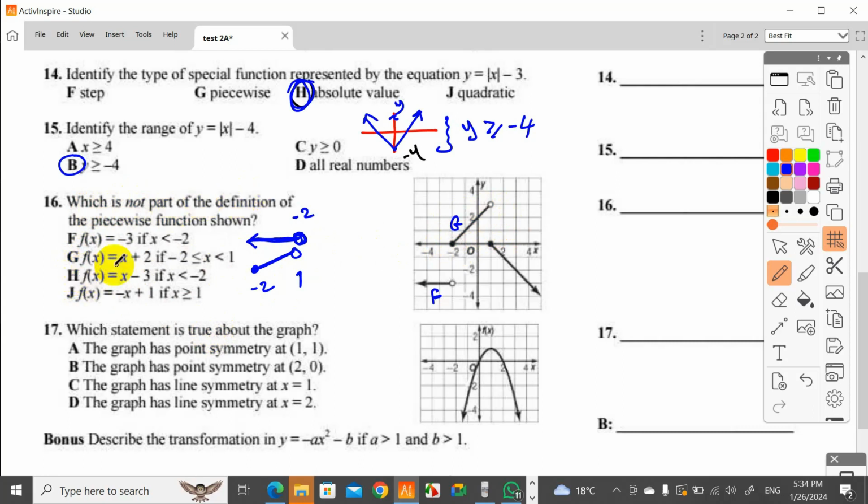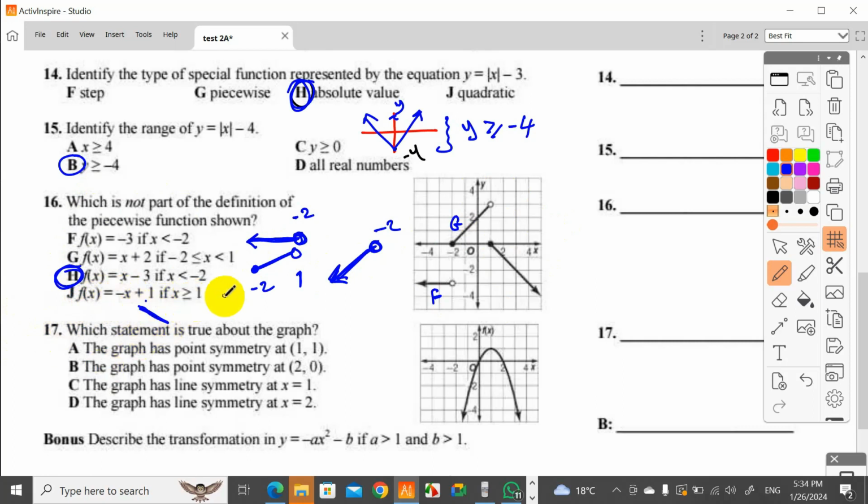Let's try letter H. For letter H, I expect the graph to be f of x equals x minus 3 for x less than -2. It will be something like this. -2 is opened. So letter H, we don't have letter H in the piecewise function, so it's not a part, and the answer will be letter H. For safety, let's try letter J. I expect the graph to be something like this, as x has a negative coefficient, so the slope will be something like this.